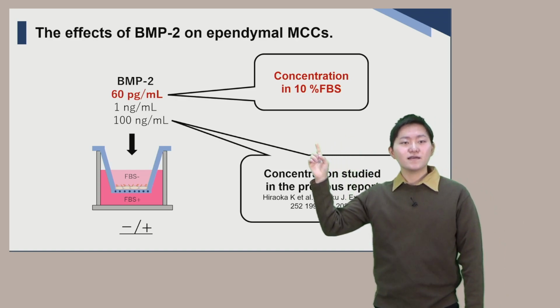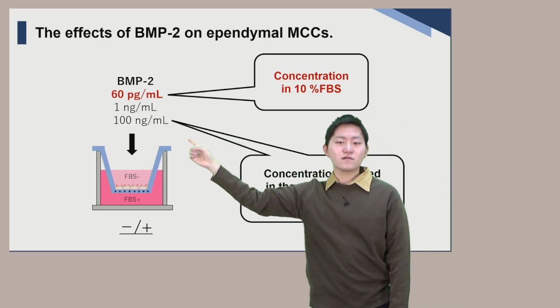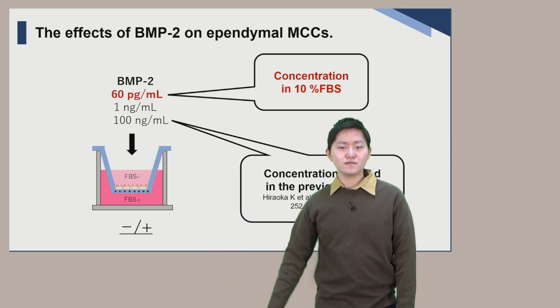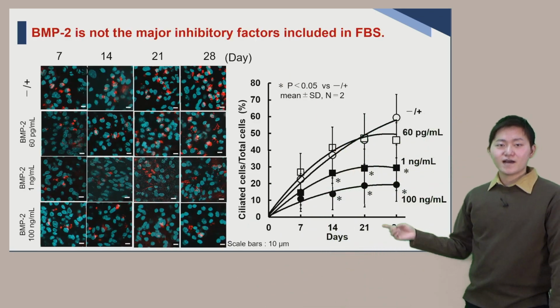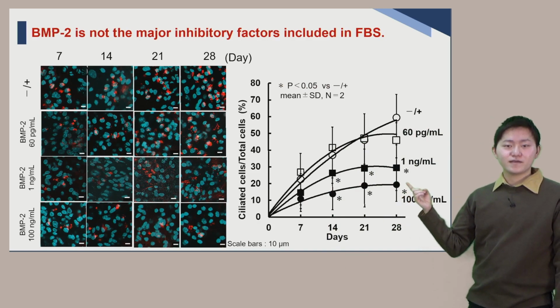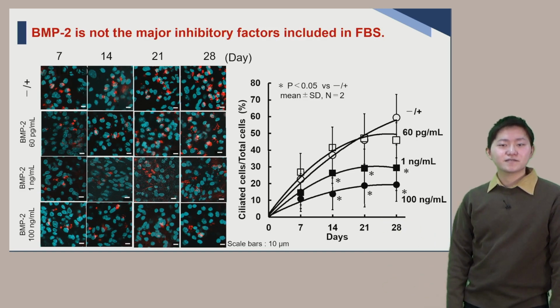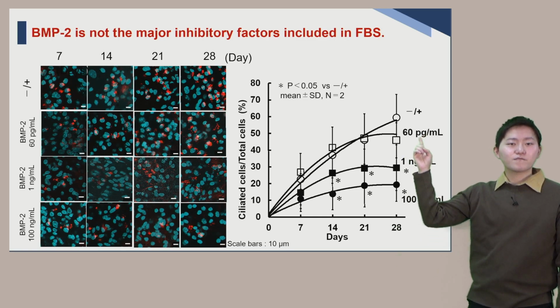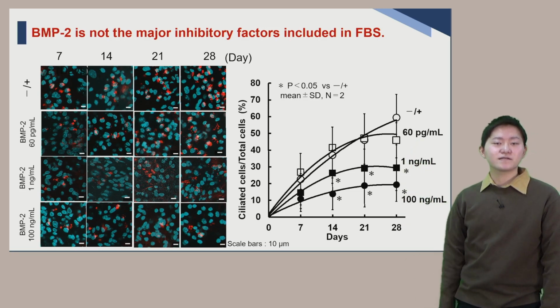So in this study, 60 picograms per milliliter, 1 nanogram per milliliter and 100 nanograms per milliliter of BMP2 were added in the upper chamber of the minus plus conditions. From these results, high concentrations, 1 nanogram per milliliter and 100 nanograms per milliliter, of BMP2 inhibited the differentiation into ependymal MCCs. However, 60 picograms per milliliter of BMP2 did not inhibit the differentiation.